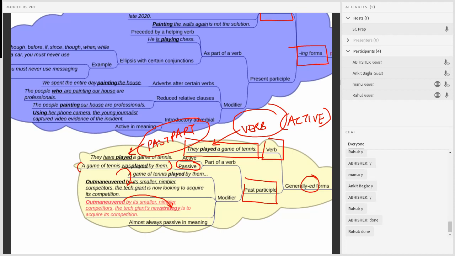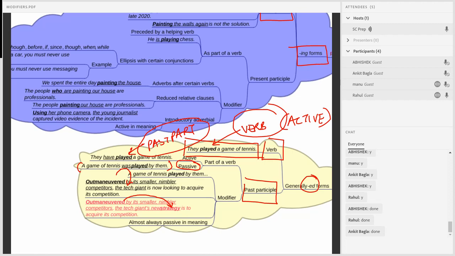Okay. And there's one more way to do this. You can ask yourself, am I in the active voice or the passive voice? So this is the active voice. Absolutely. So the thing about present and past participle modifiers is that present participles are basically active in meaning, and past participle modifiers are basically passive in meaning.